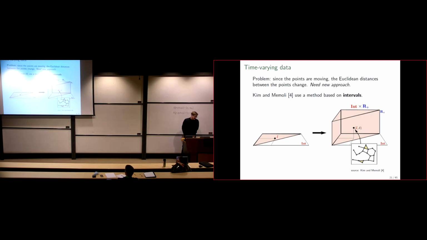So this means that you get a 3-parameter module as a result, where 2 parameters come from the start point and end point of an interval. So you look at the space of all intervals, and then the third filtration value comes from Euclidean distance. And this is how you end up with a 3-parameter module encoding the time-varying behavior.